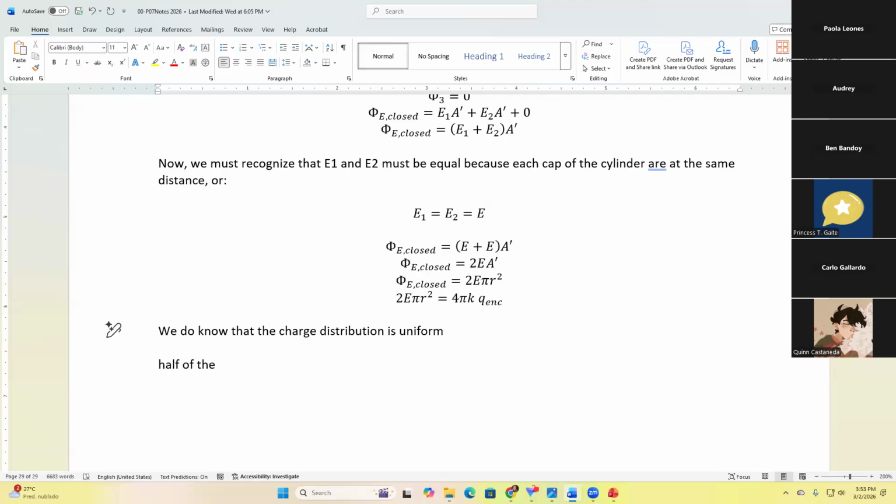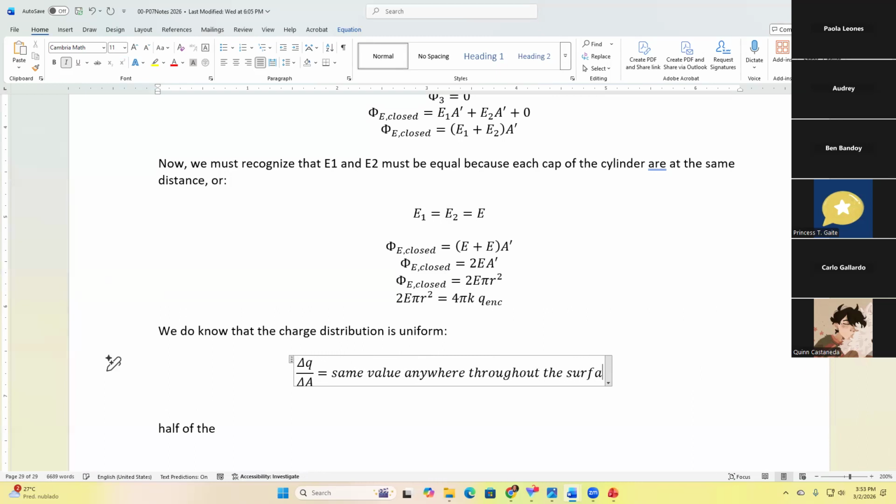And what do we mean by uniform? It means that delta Q over delta A is constant, the same value anywhere throughout the surface.